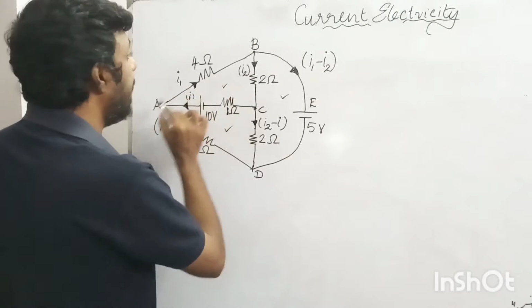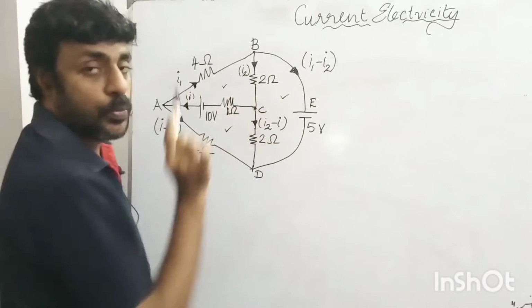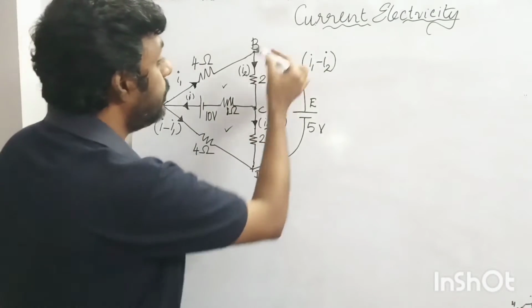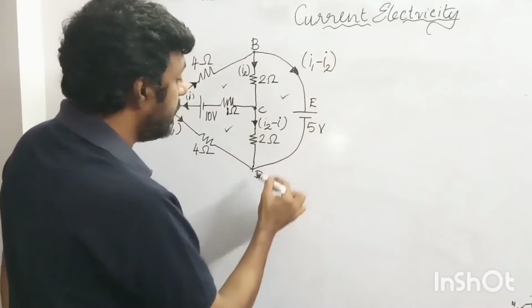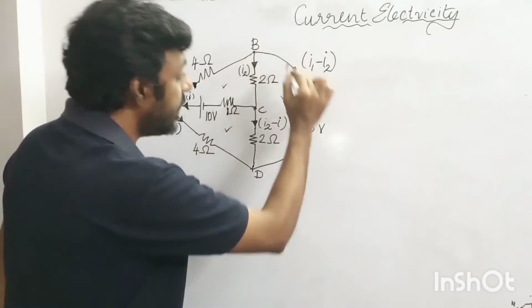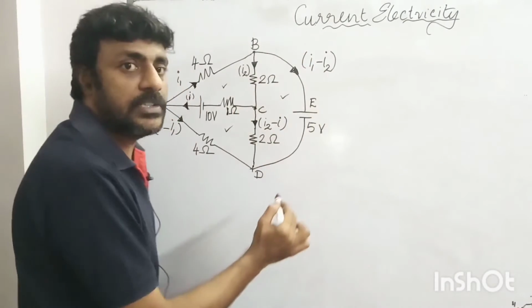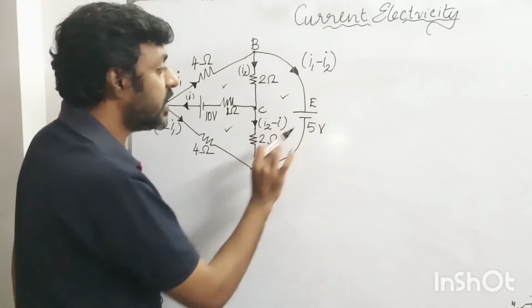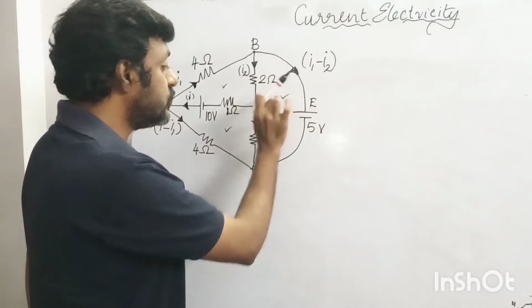ABCA is a loop. Again ACDA is a second loop, and BCDB is another loop. So in this electrical circuit you have 3 closed loops.